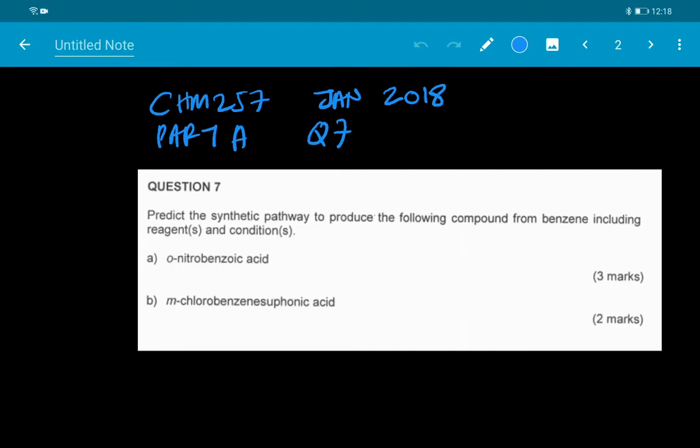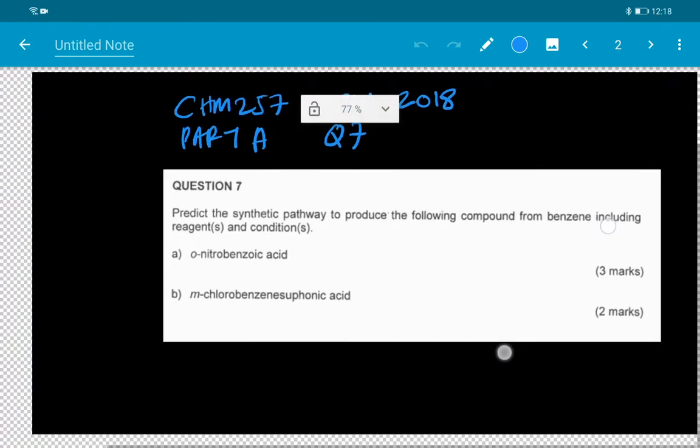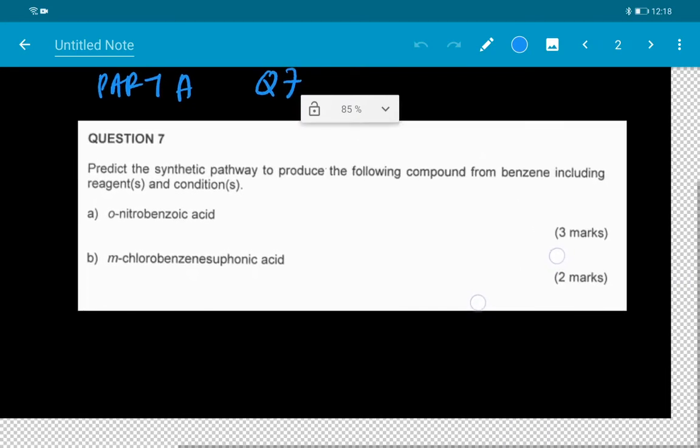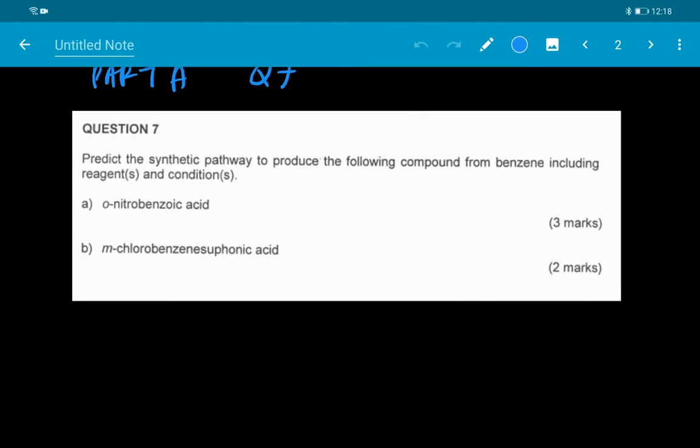So as you can see here, for the past few years, the question which directly asks for the IUPAC name or the structure is quite uncommon. So basically, most of the questions will go straight into synthesis questions. For instance, for this one, the question is: predict the synthetic pathway to produce the following compounds.